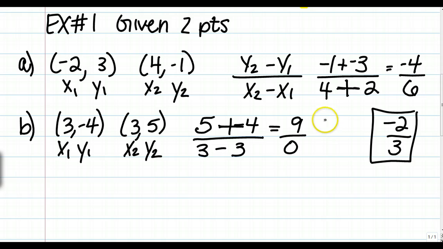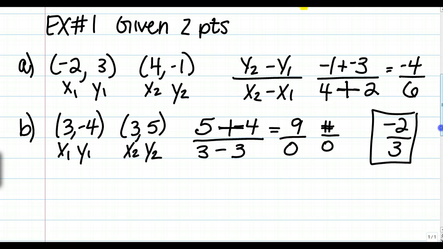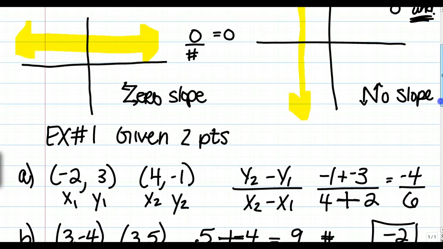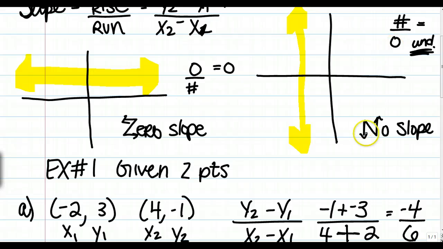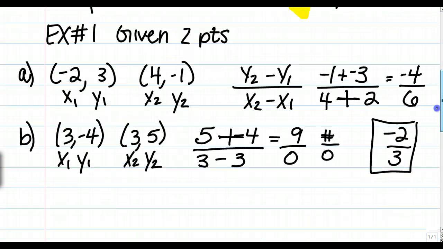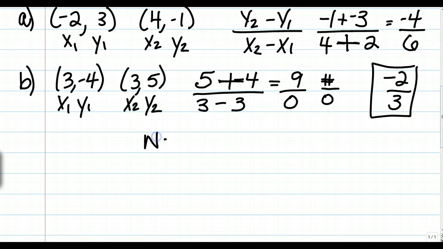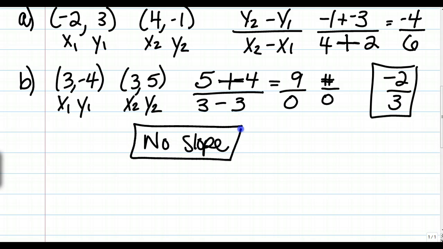So you know that we have a number divided by 0. If you look at your notes above, a number divided by 0 is no slope. So your answer would be no slope, because a number divided by 0 is always undefined, which gives you no slope.